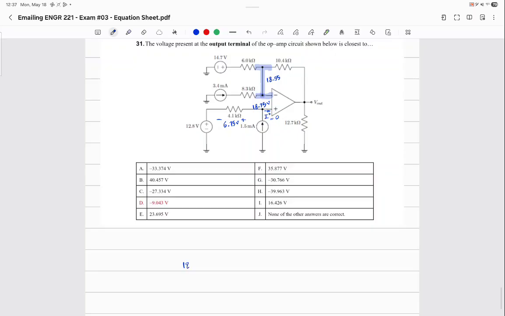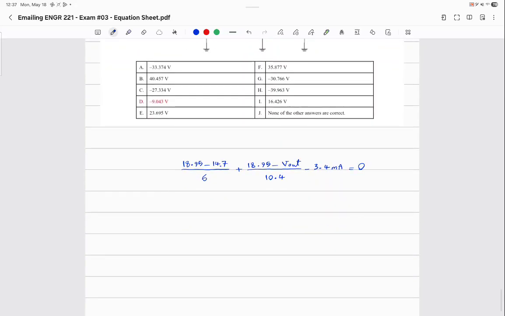I can write 18.95 minus 14.7 divided by 6 plus 18.95 minus Vout divided by 10.4 minus 3.4 milliamps is equal to 0. One equation, one unknown.